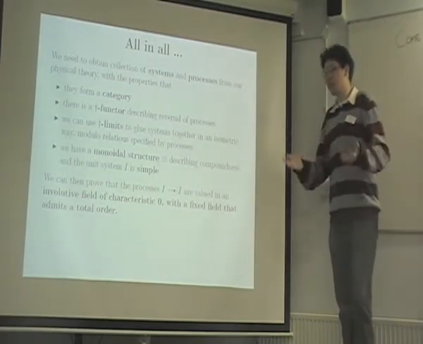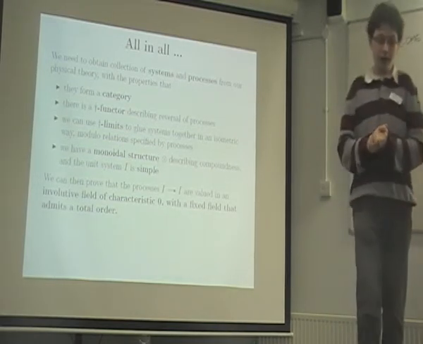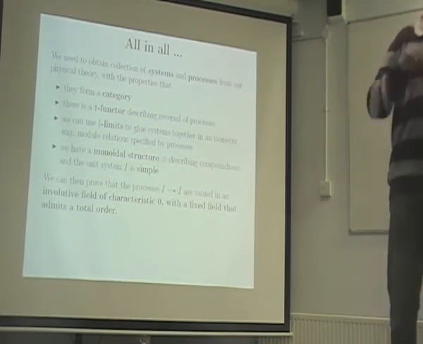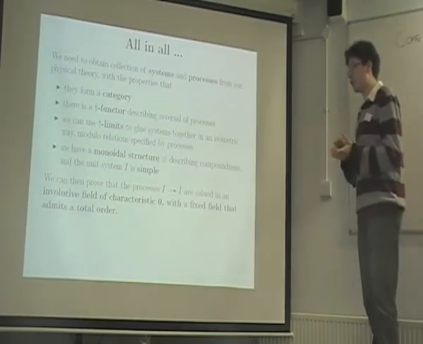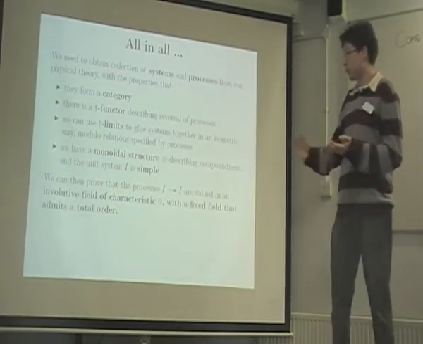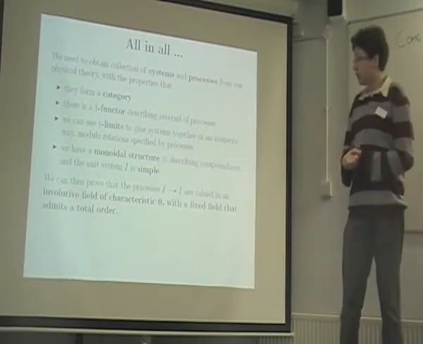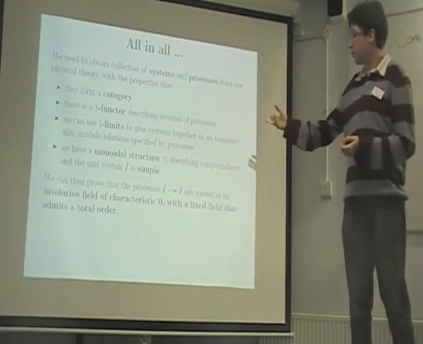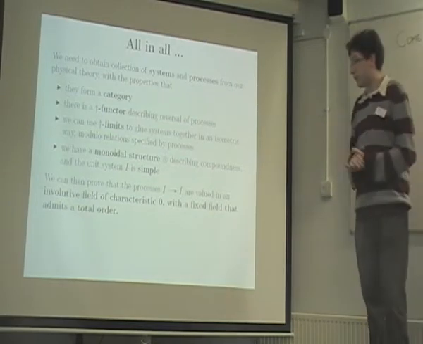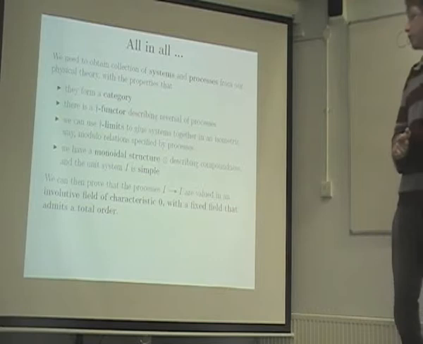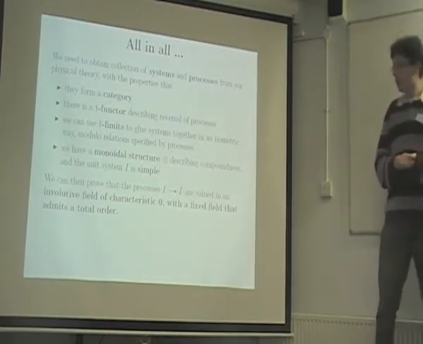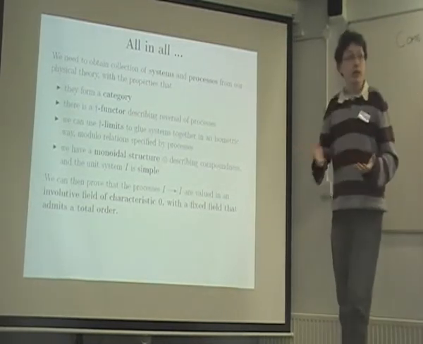And of course, the complex numbers have a subfield that is fixed by complex conjugation, which is the real line. And of course, we know that the real line is ordered. And you can prove that abstractly here as well. You can show that the subfield of your processes from I to I that is unchanged by your involution necessarily admits a total order.